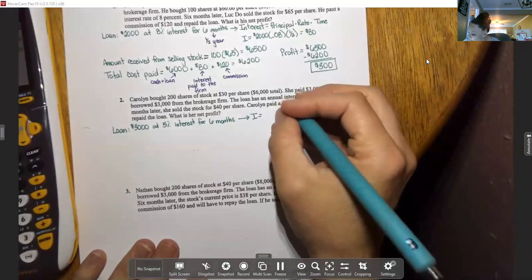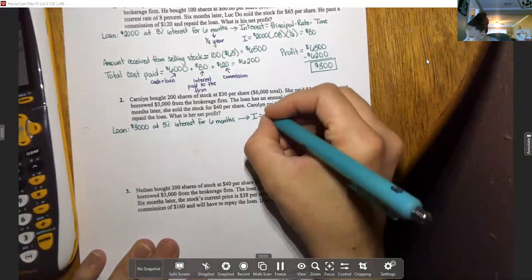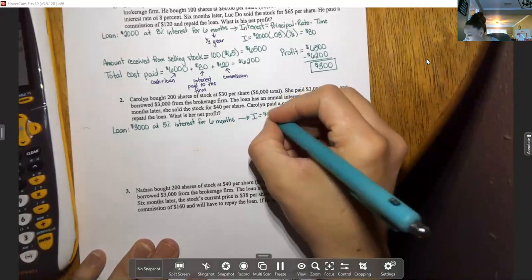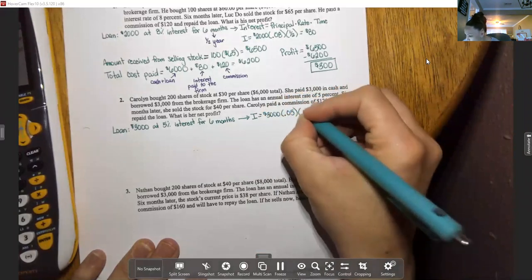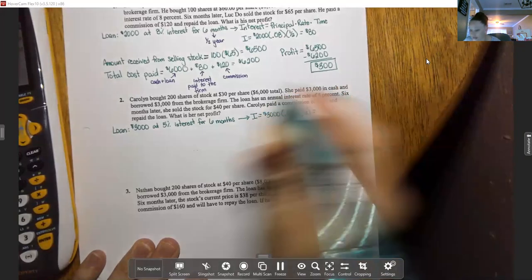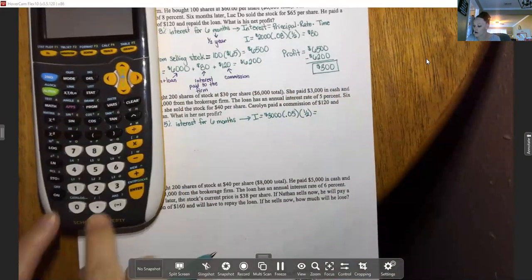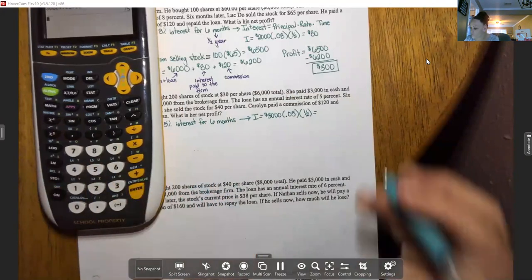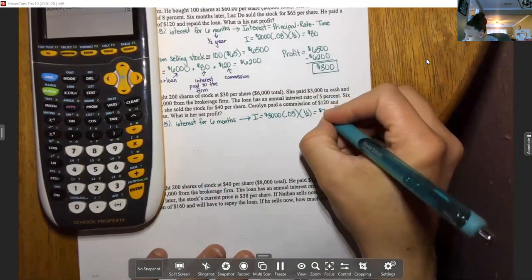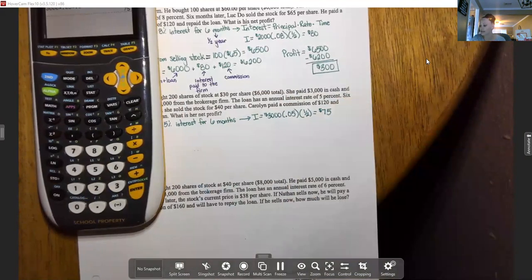So her interest here that she has to pay back, we have our $3,000 times 0.05 times, again, 6 months is half of a year, or 0.5. So Carolyn's going to spend $75 in interest here.